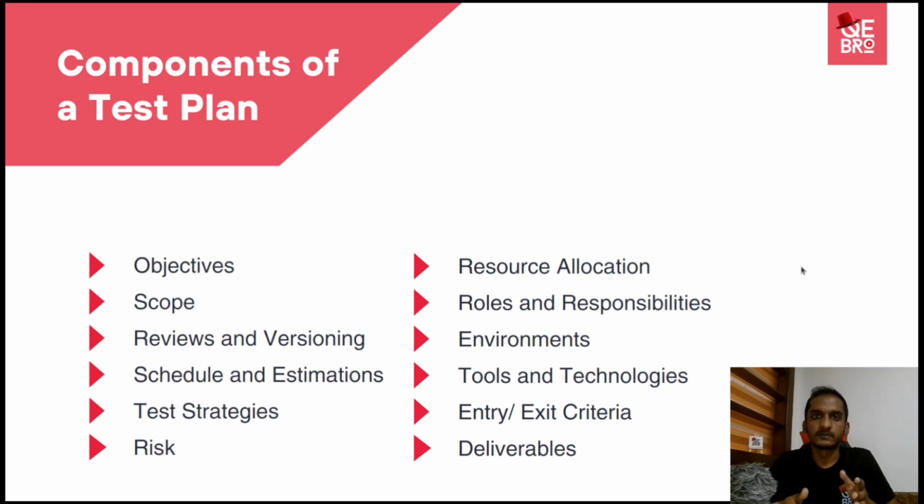In-scope items means the things which we will be including in this test plan or the testing stage. So whether we are going to do unit testing, or whether we are going to do automation testing or not, likewise. And if you are going to do performance testing, it is in scope. If you are not going to do performance testing for this particular release, then it will go under out of scope.